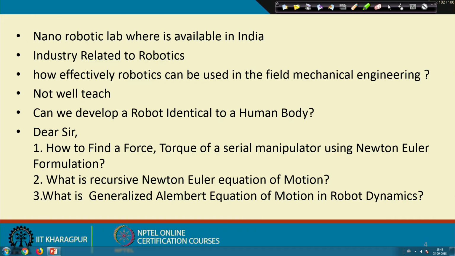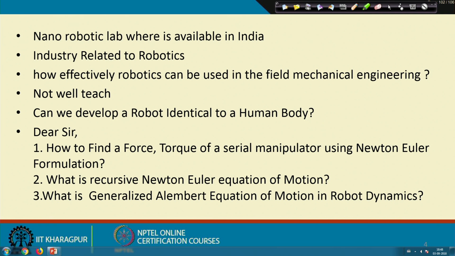Now, how to find the force and torque of a serial manipulator using the Newton Euler formulation. I am going to discuss robot dynamics in the 5th week, which is running now. In my lecture you will see that I have used a particular technique called the Lagrange Euler formulation.